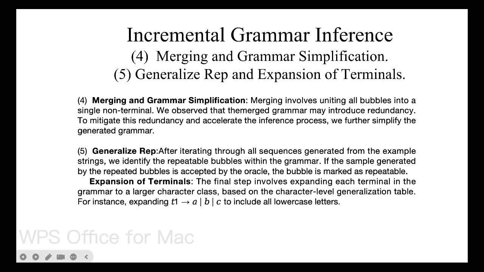And then the final step involves expanding each terminal in the grammar to a larger character class based on the character-level generalization table. For instance, we expand T1 to a, b, c, and some other lowercase letters.